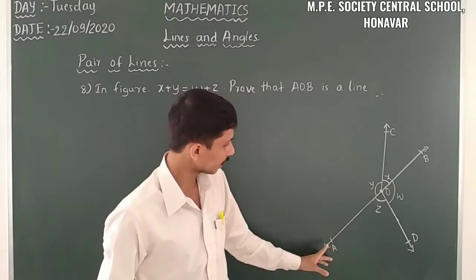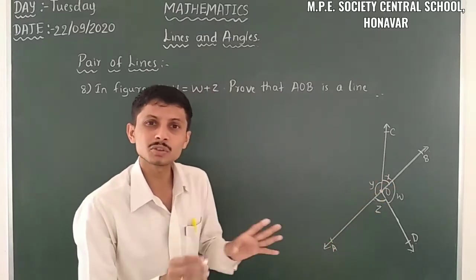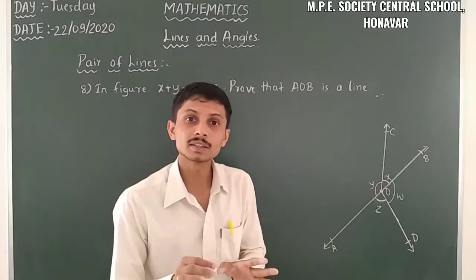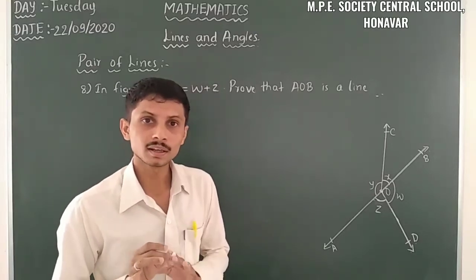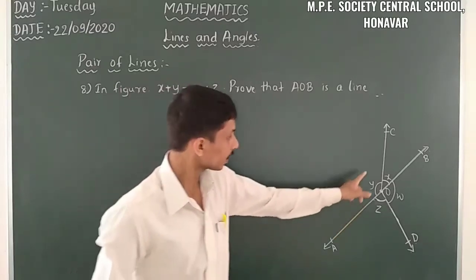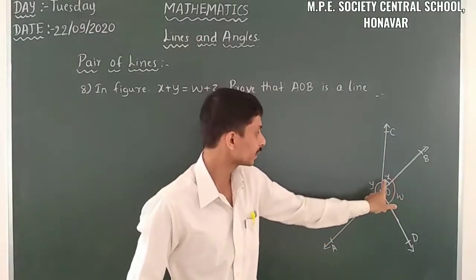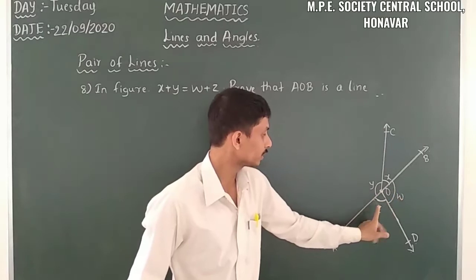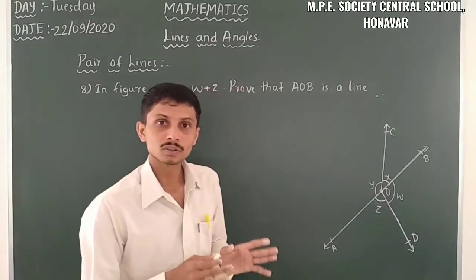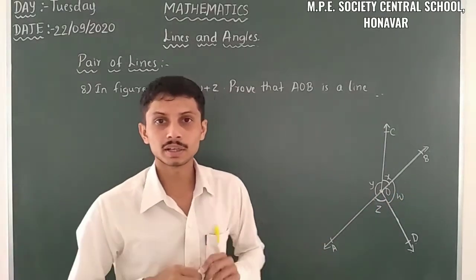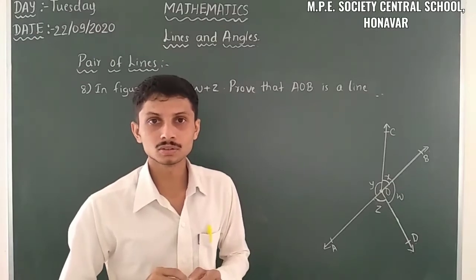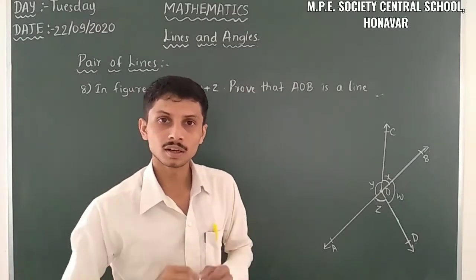It just looks like AOB is a line, but we have to prove AOB is a line. There are four angles, x, y, w and z. When we add x and y, and when we add w and z, both results are one and the same. This is the given thing for us.